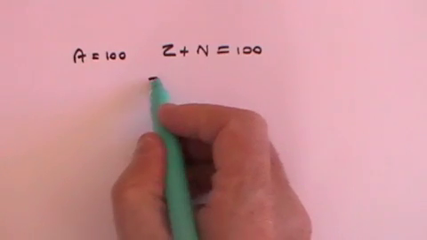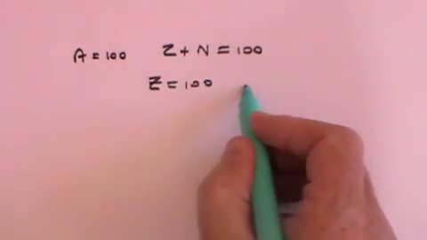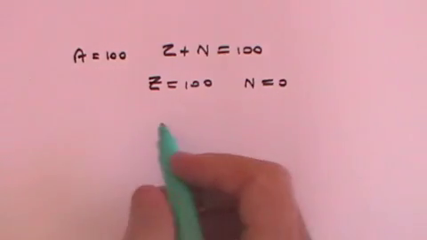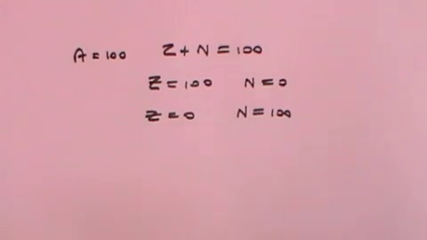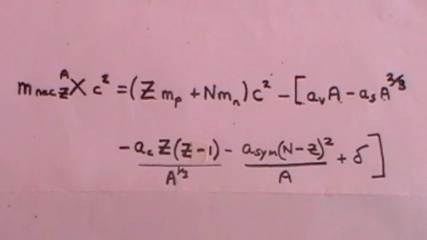But we could have everything from Z equals 100 and N equals 0 to Z equals 0 and N equals 100. That's 101 combinations of N and Z, all of which add up to 100 because I have fixed A at 100. So let's bring back the semi-empirical mass formula.